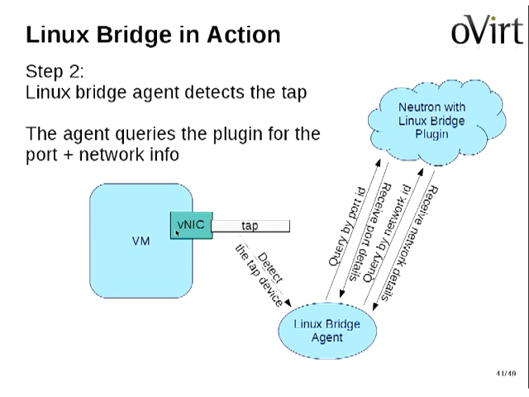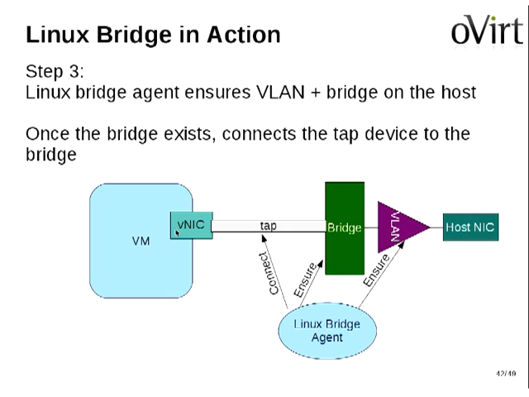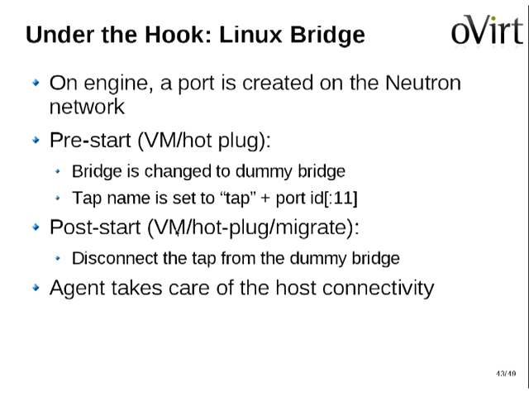Then very similarly, the Linux Bridge agent detects that there's this tap device, and it does the same ping pong with the Neutron plugin, gets the connectivity details, and he connects it. So he connects it, creates a bridge if necessary, and creates the VLAN if necessary. But Linux Bridge, it's only the Linux Bridge plugin, it's only bridges and VLANs, right? Just like oVirt. Okay? And how we use it from the engine perspective, it's exactly the same.